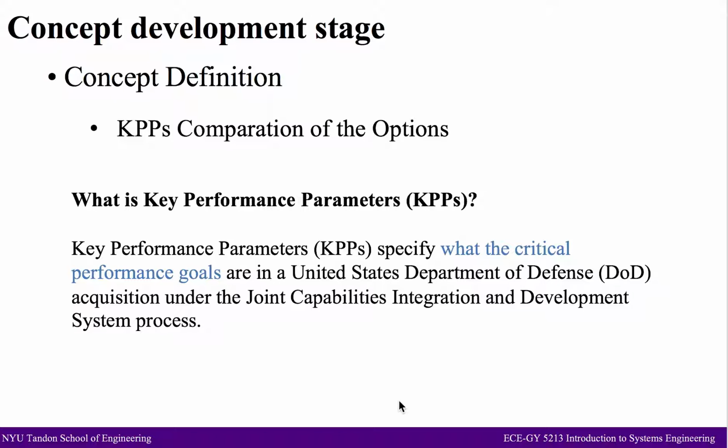So let's look at the next standard for the IPO to choose the preferred option. It's KPPs. So what is KPPs? The key performance parameters are the important performance goals in a United States Department of Defense (DoD) acquisition under the Joint Capabilities Integration and Development System process.